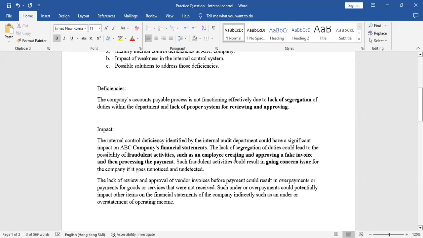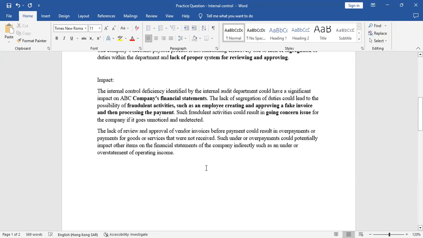In other words, it could drive the business towards bankruptcy if the internal audit department hadn't noticed it. And if someone was doing fraud in there, of course, that is of concern. This also means that the financial statements are not free from material misstatements, right? And auditors will have a lot more duties to perform as well.